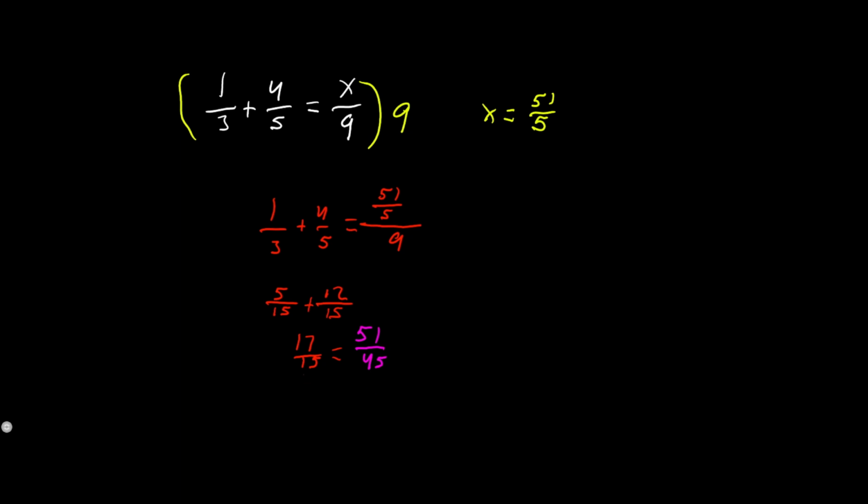And just to verify this, we're going to multiply the left side by 3 to see if we do indeed get 51. So 17 times 3 is 30 plus 21, which is 51. And 15 times 3 is 45. And that indeed does equal 51 over 45. So we see that x does indeed equal 51 divided by 5.